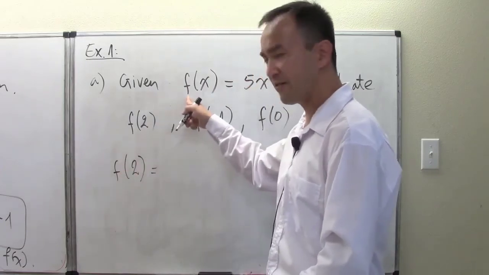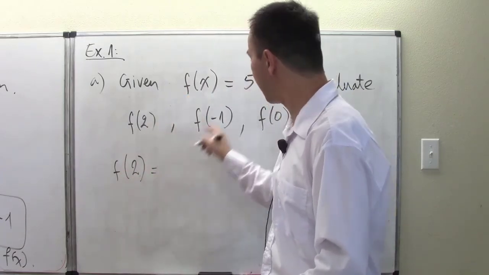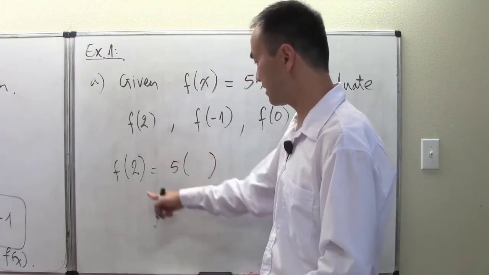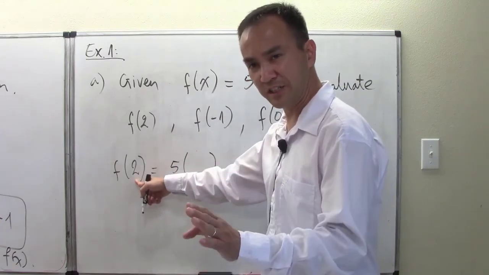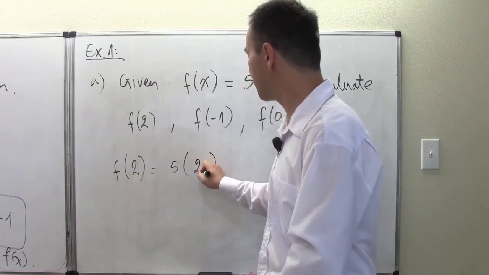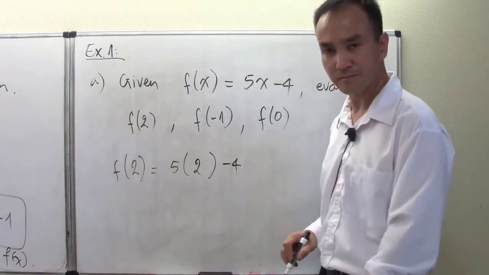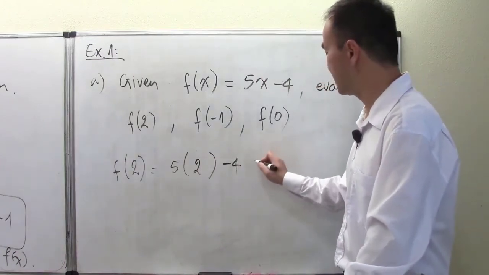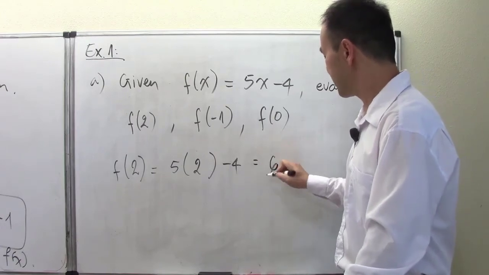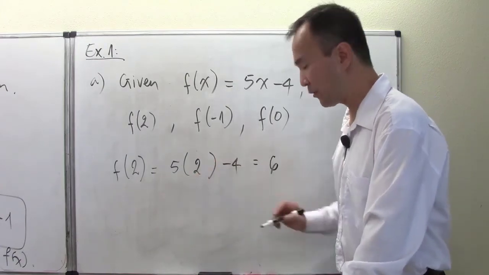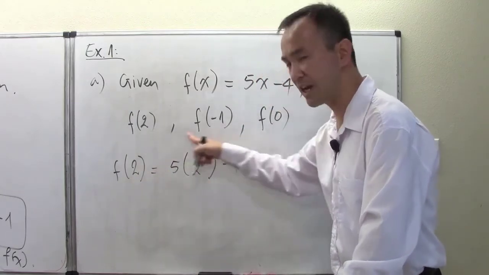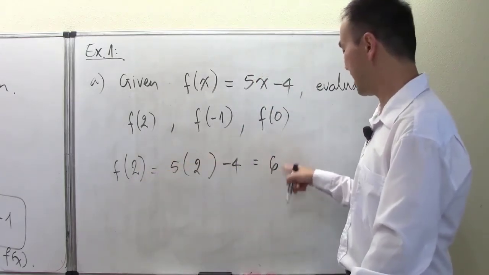The function's name means that I have to use this rule: 5 times the input, but now the input is given to be 2. So 5 times 2 minus 4 gets me the output 6. Five times 2 is 10, minus 4 is 6. So this is the input, this is how we use the input, and that's the output.